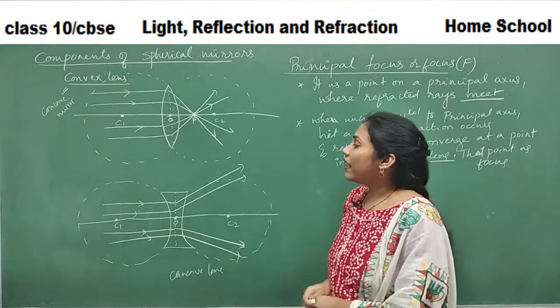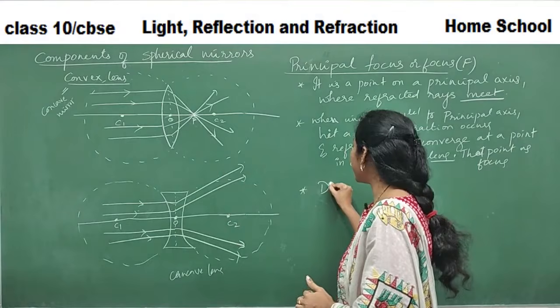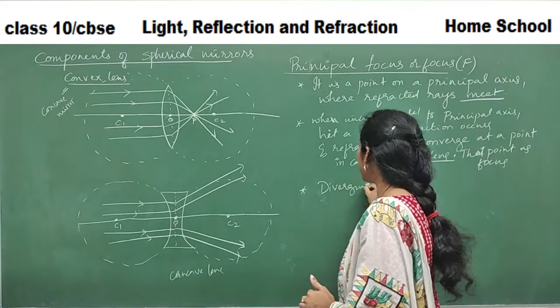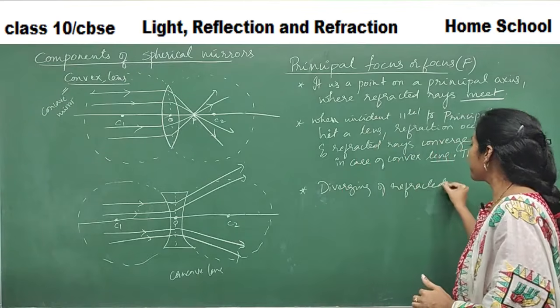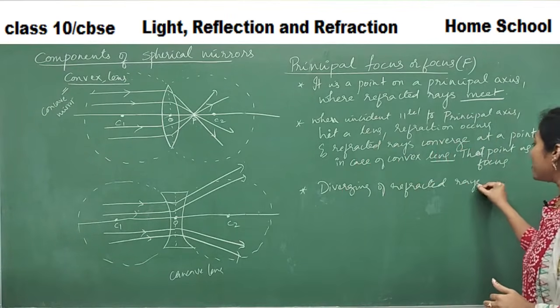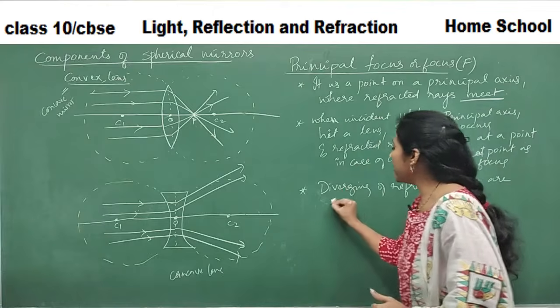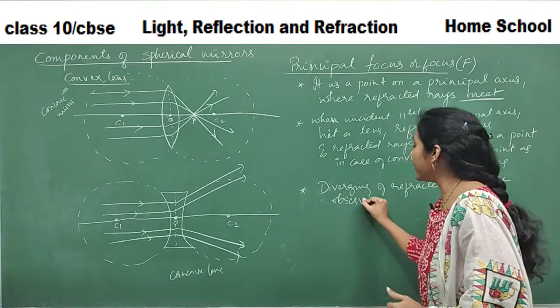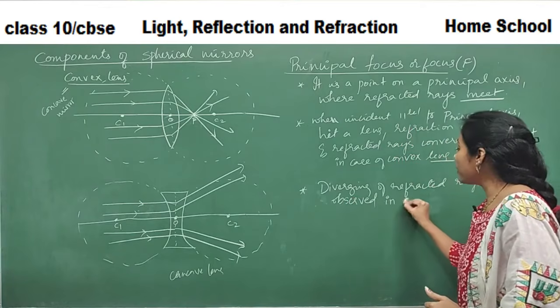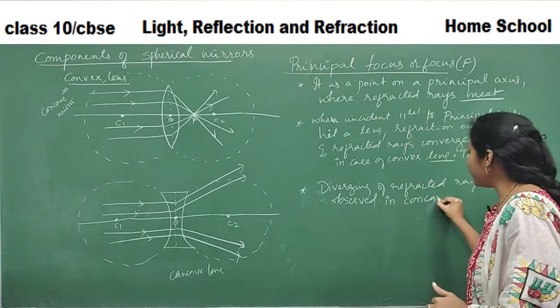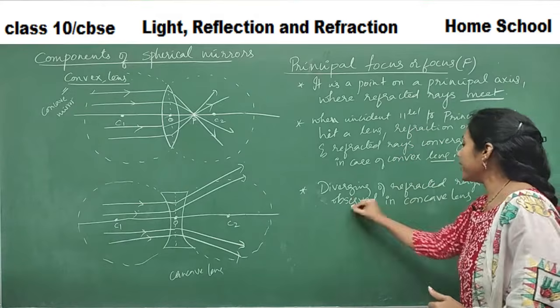So what is happening here? Diverging of refracted rays is observed. Note all these points down, they are very useful for you. Diverging of refracted rays is observed in a concave lens.